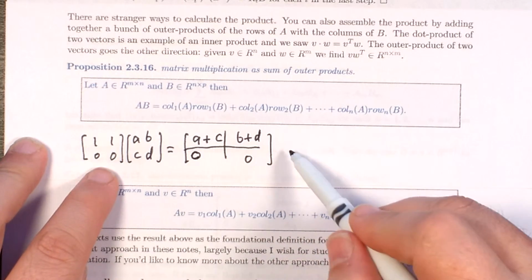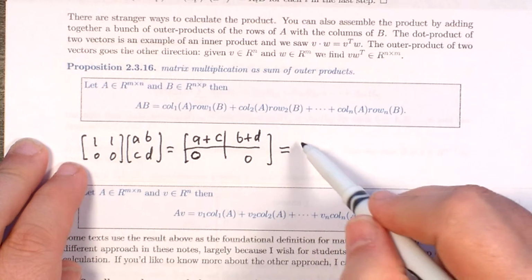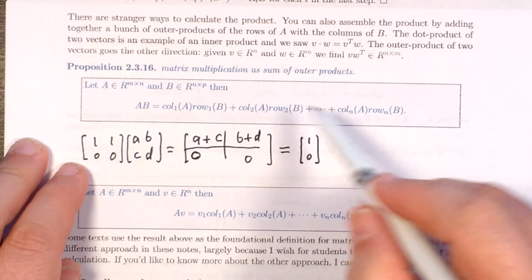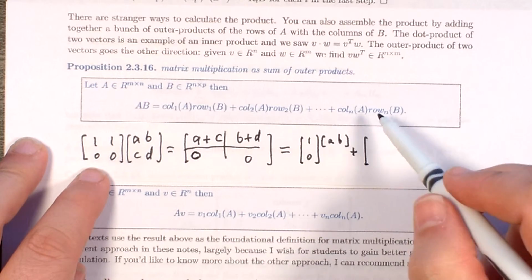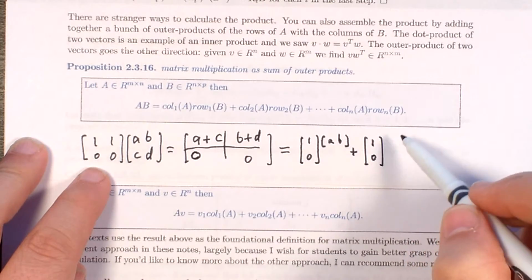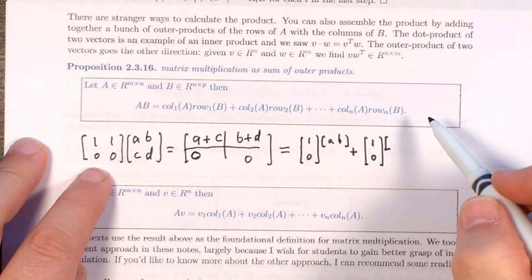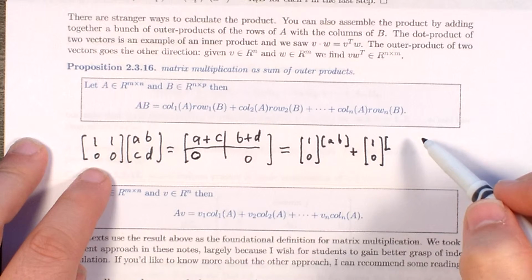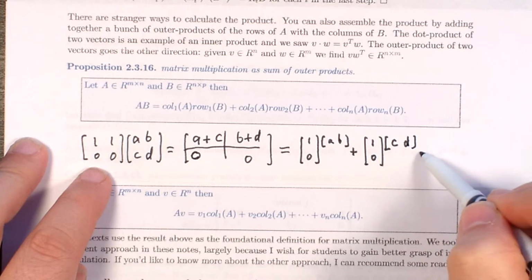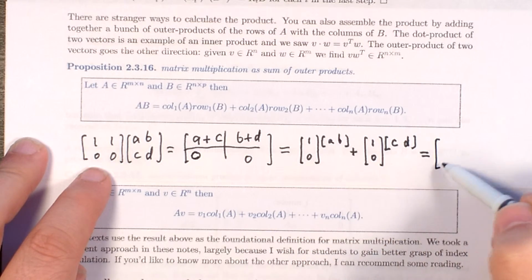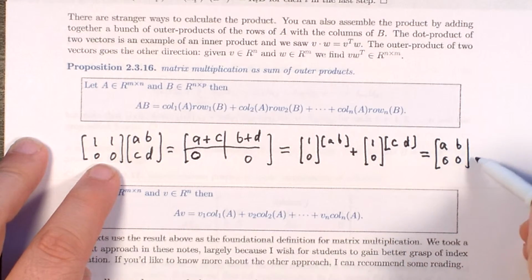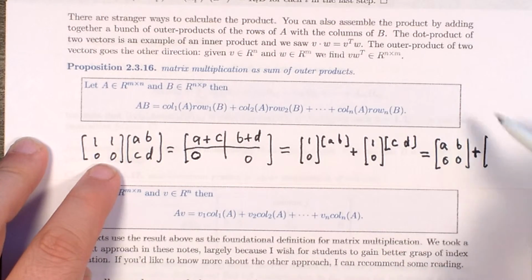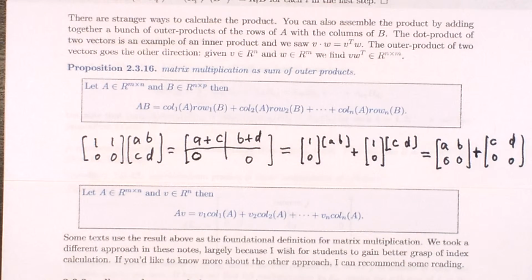But on the other hand, it's supposedly equal to column 1 of A, which would be 1, 0, times row 1 of B, which would be A B, plus column 2, which would be 1, 0, times row 2 of B, which would be C D. Okay, so now the way you do that then is A, 0, B, 0, plus C, 0, D, 0, and as you can see, that is as advertised.